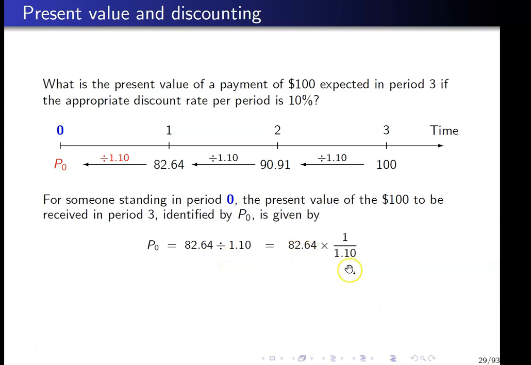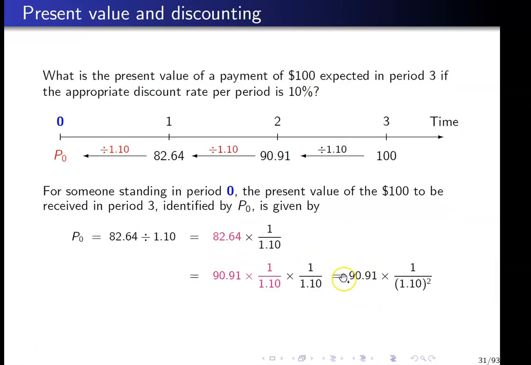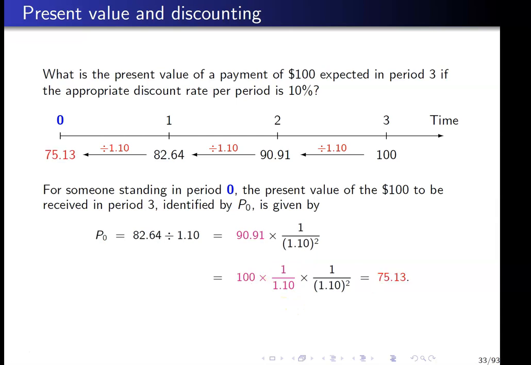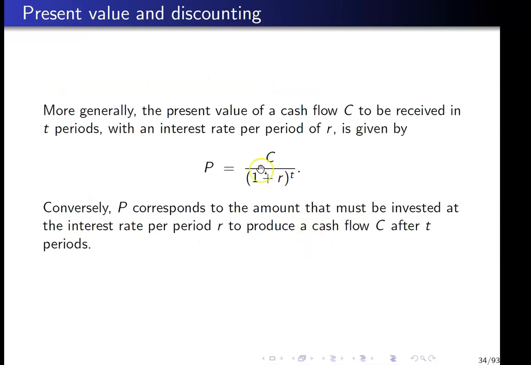And 82.64 is equal to 90.91 divided by 1.1. And 90.91 is itself equal to 100 divided by 1.1, meaning that P0 is equal to 100 divided by 1.1 to the power 3.